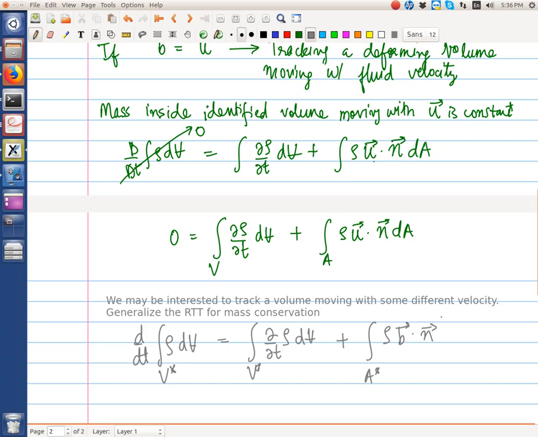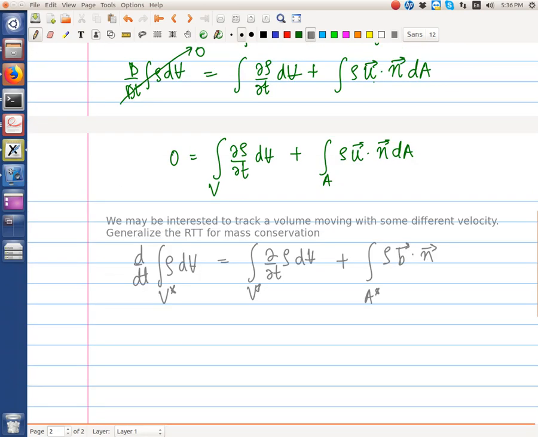So the RTT in general tells me that d/dt of integral rho dV is this. We have thus two frames of reference, one moving with a velocity b and one moving with the velocity u. In this frame, d/dt of integral rho dV is identically 0, but for the other frame it may or may not be 0.